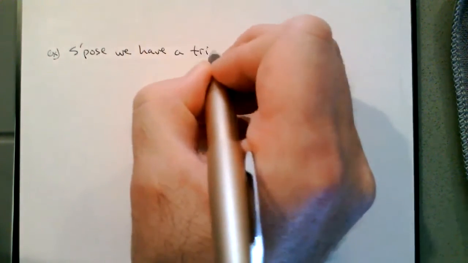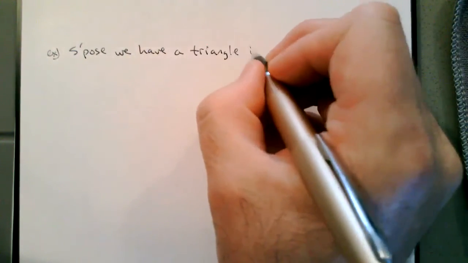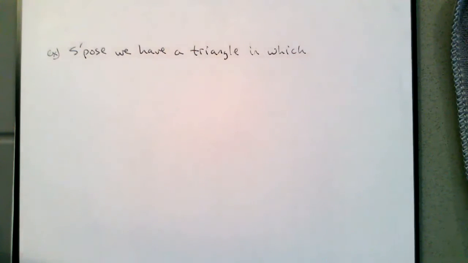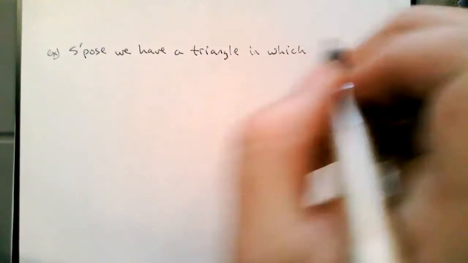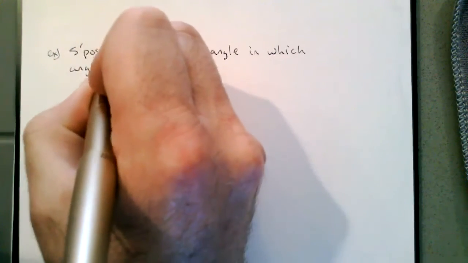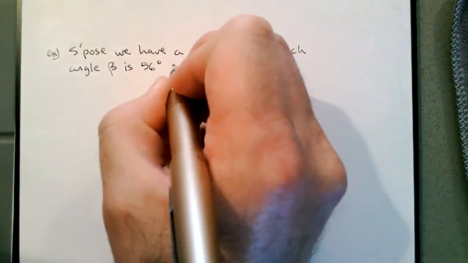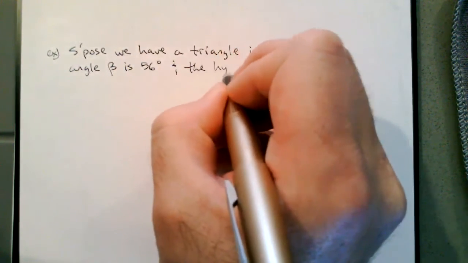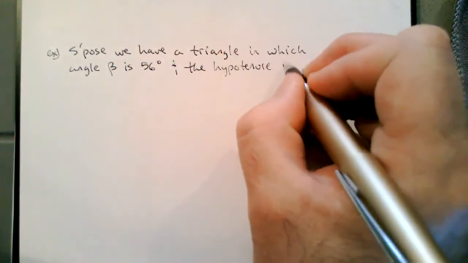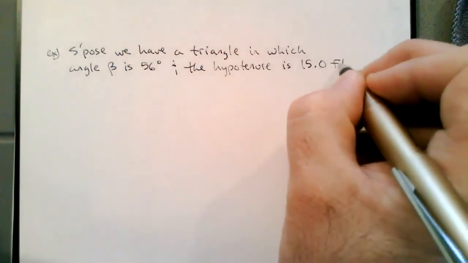Suppose we have a triangle in which angle beta is 56 degrees and the hypotenuse is 15 feet.